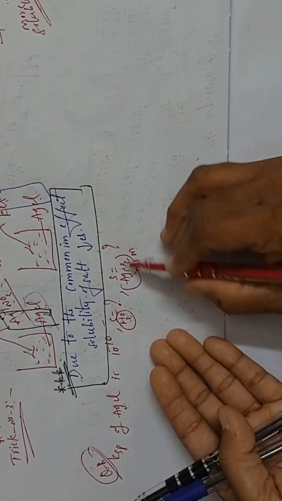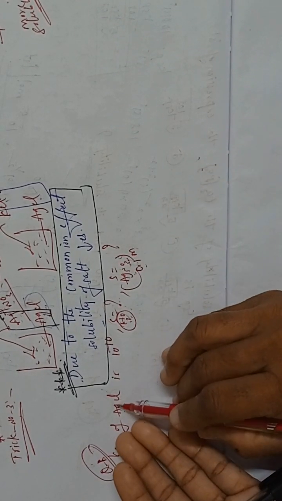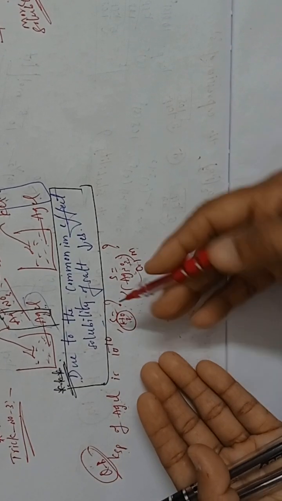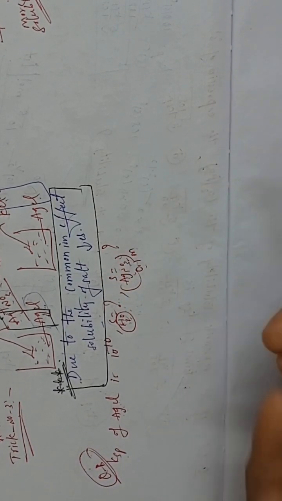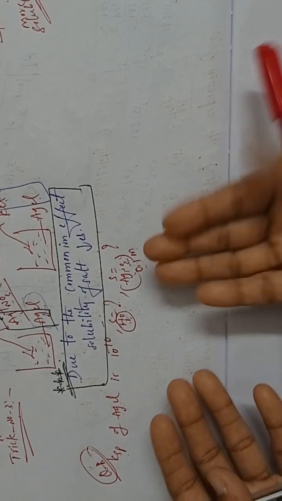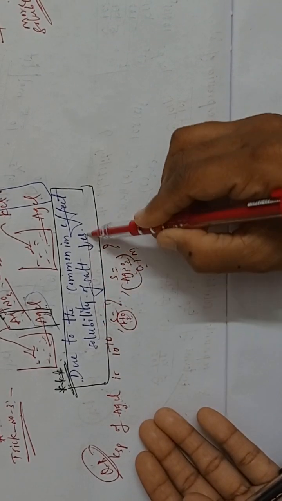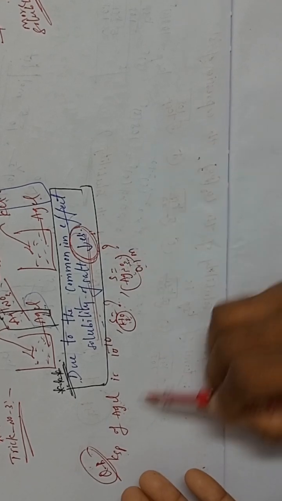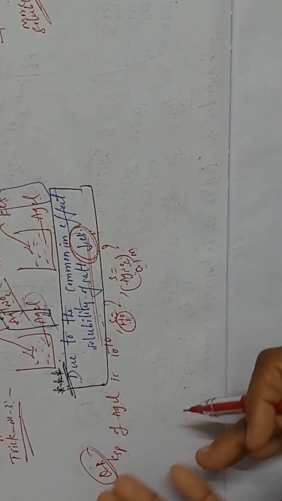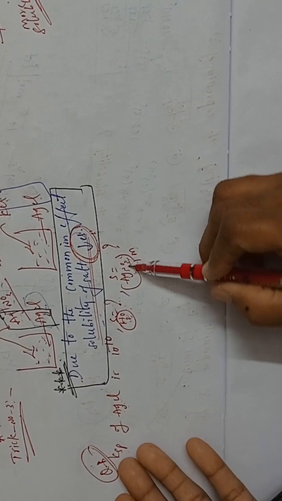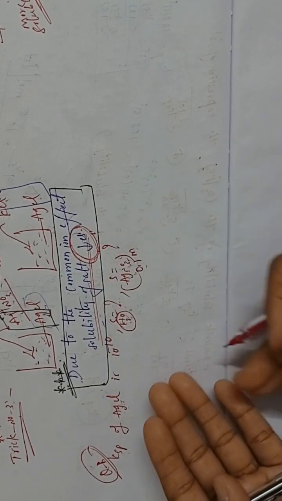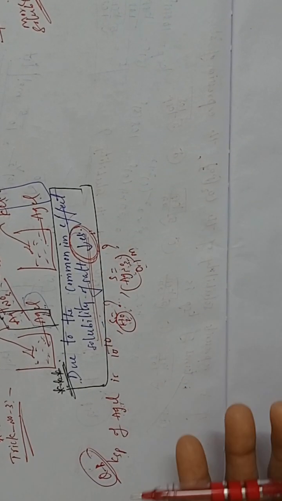Then when silver nitrate is added, its solubility should decrease, so this value compulsorily should be less than 10 power 4. Because of the common ion effect, solubility of salt decreases. In water its solubility is more, but whenever a common ion is added, its solubility should decrease compared to water.